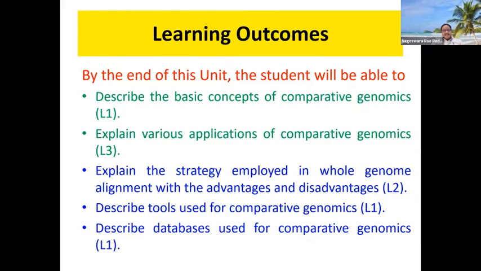We have a lot of methods which are developed, and I'll demonstrate one whole genome alignment method. I'll show you how we can use it, what the concept is behind aligning whole genomes, what the advantages of this method are, and what the disadvantages are.